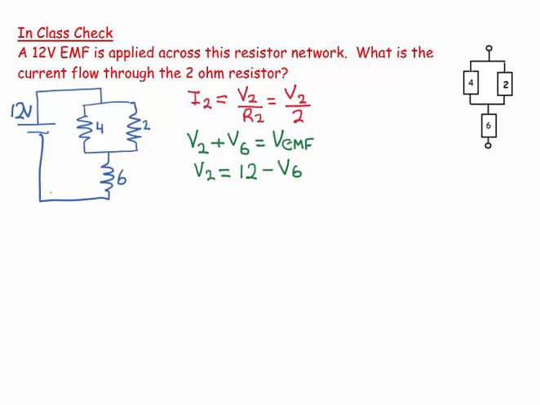Okay, so then the next bit would be, well, I don't know the voltage across the 6. But what I do see, well, let's do the next step.